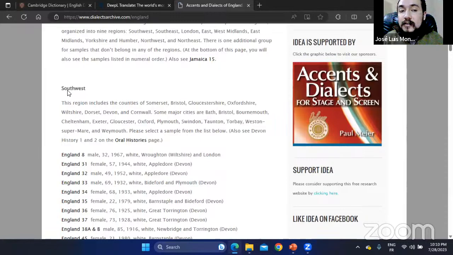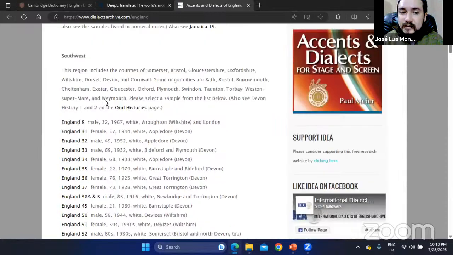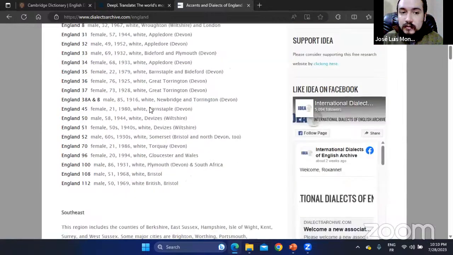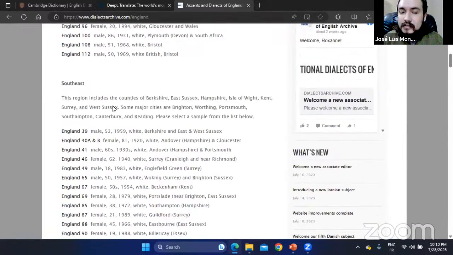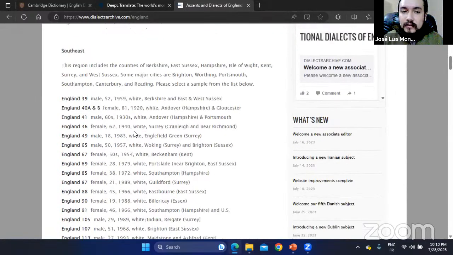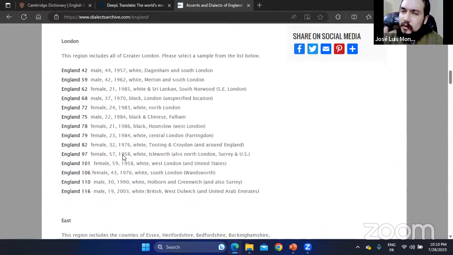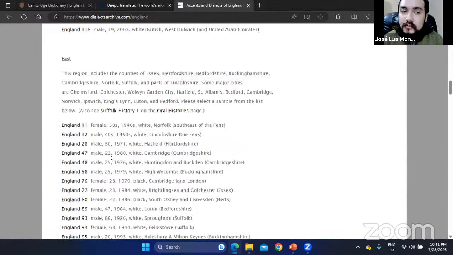You can go to the accent that is in the southwest, and you can select people, male, 32 years old, and you see some description of that person. You go to the southeast, so the accents are different. You can play, all of them are audios reading one of the two scripts that they have. They only have two scripts, and they are reading one of them.